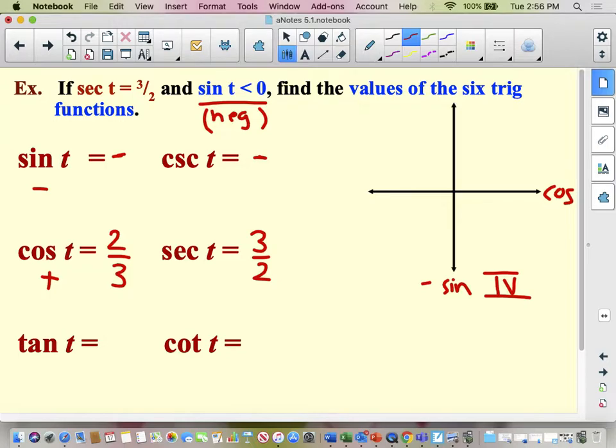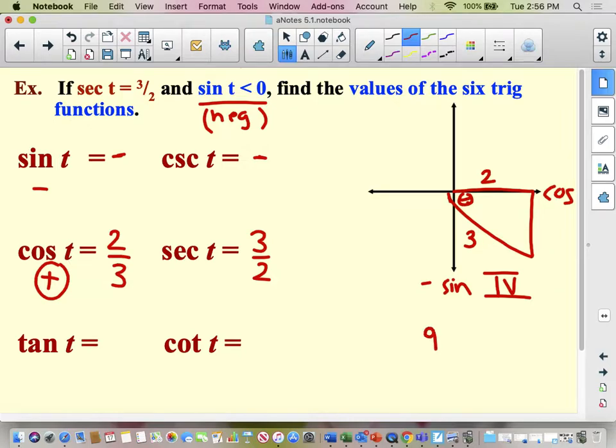You could go into the 4th quadrant, draw your, it's kind of a lousy right triangle there. And I know that now I know, I'll probably just focus on the cosine over here. Cosine is equal to 2/3. Well, from my origin, cosine is adjacent over hypotenuse. So I place my 2/3 appropriately.